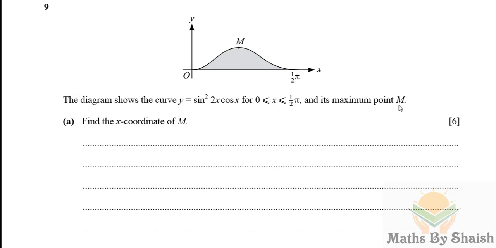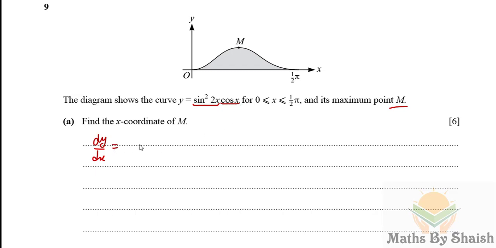Since at M it is maximum, at M dy/dx would be 0. So that would be very helpful. We are going to find the derivative of this, and since it is a product of two functions, sin²2x into cos x, we'll use the product rule.